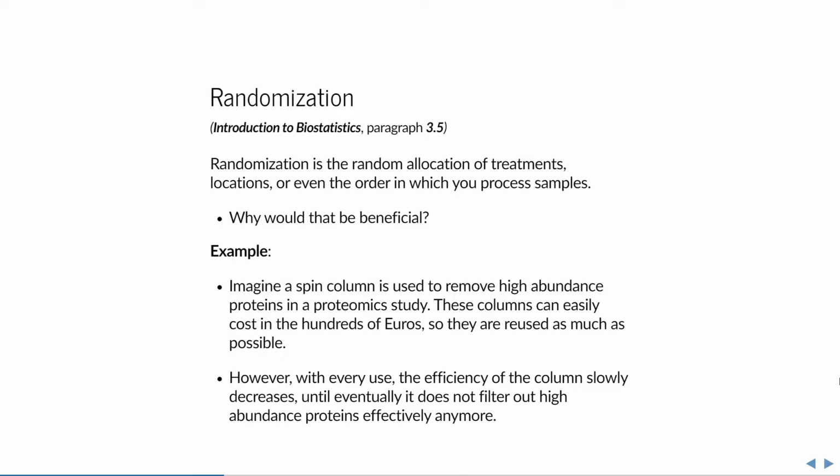But even if the cleaning would be perfect and there would be zero residue of any previous samples, which is unlikely, then still the efficiency of the column slowly decreases, which is why we only use it 100 times maximum and not a million times or something. So eventually, it doesn't filter out the high abundance proteins as effectively anymore.